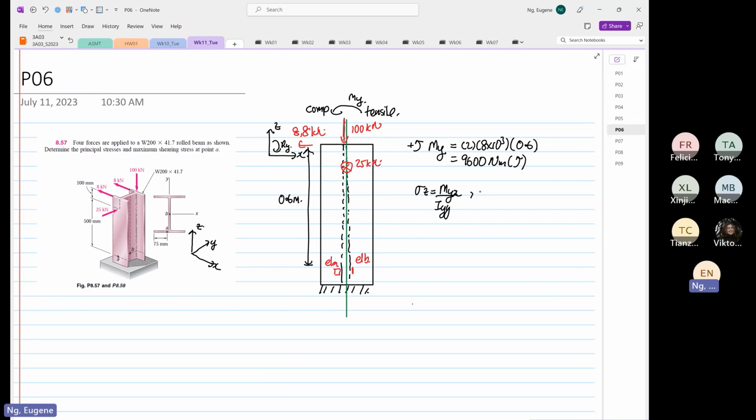We know that element A is going to be in compression, and we also know that element B is going to be in tension, because one is on the left side of the centroid and one is on the right side of the centroid.